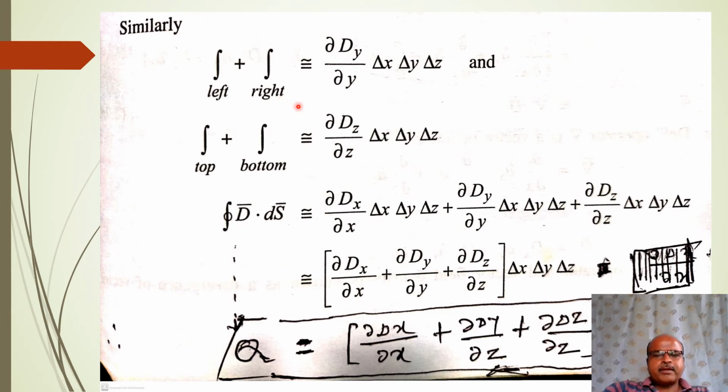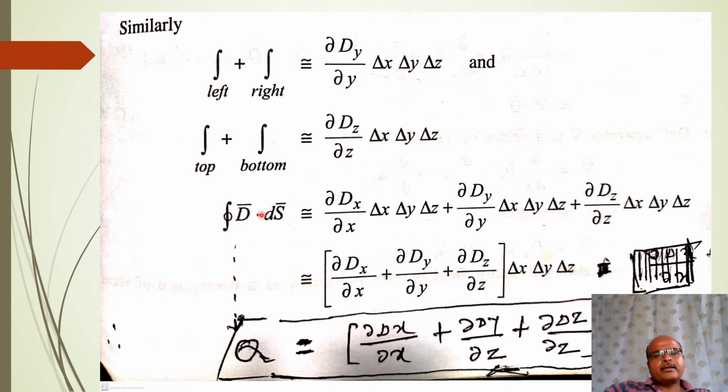So integral left plus right is given by ∂Dy/∂y ∂x ∂y ∂z, and integral top plus bottom we can write as ∂Dz/∂z ∂x ∂y ∂z. So for left plus right the y term comes, for top plus bottom the z term comes.